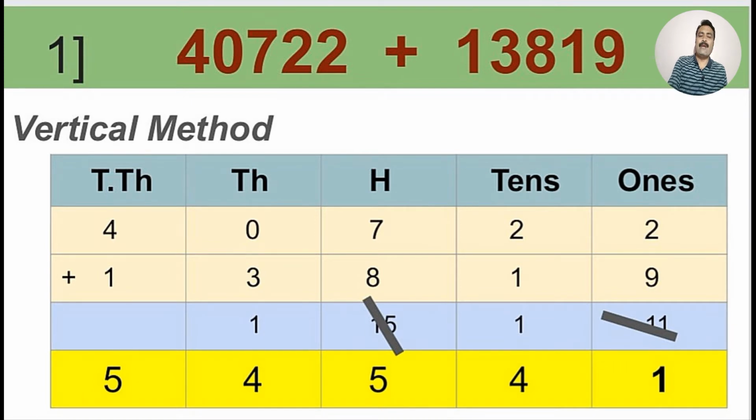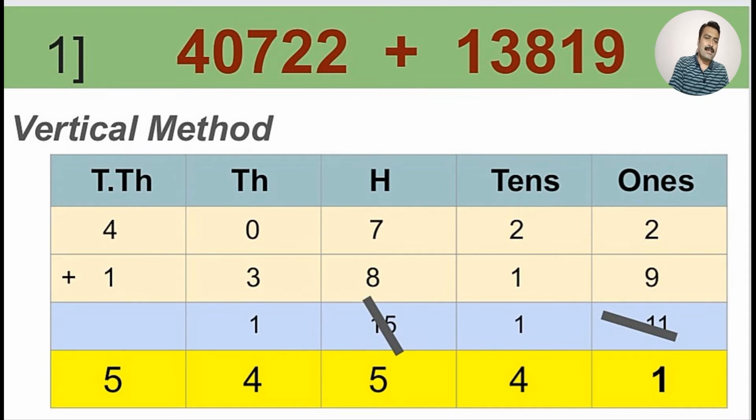Now this is the proper vertical arrangement. After making the proper vertical arrangement, it is important to start the basic operation for addition. In the earlier explanation we learned that the operation of addition we always start from the ones place. So starting from the ones place, we have to add 2 plus 9.